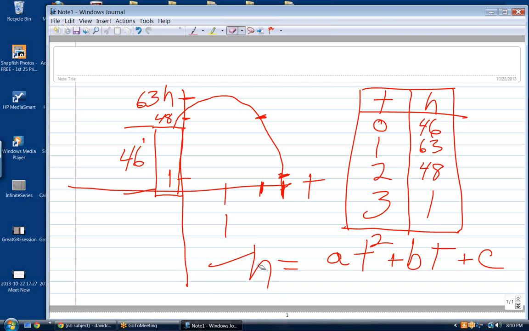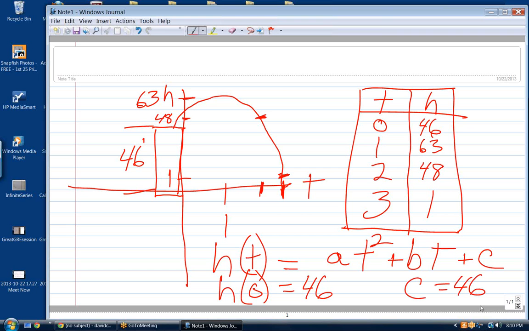So let's call it f of t because it's a function of t, but this is going to represent the height. Let's call it h of t. So we know that h of 0 equals what? 46. When we plug 0 in for t, therefore c must be equal to 46. So now we've narrowed it down to this.